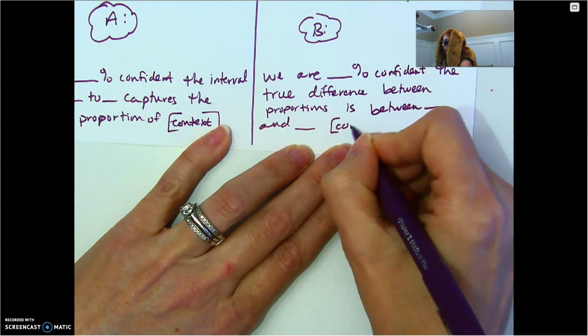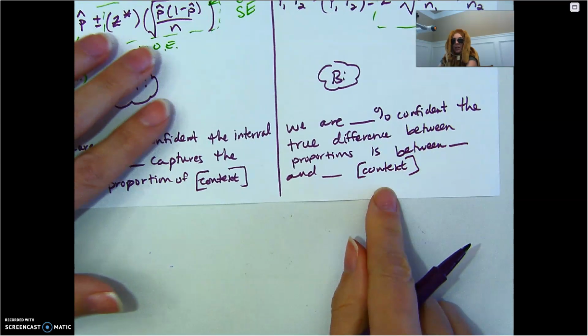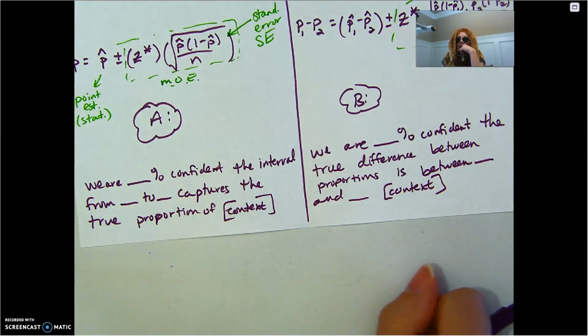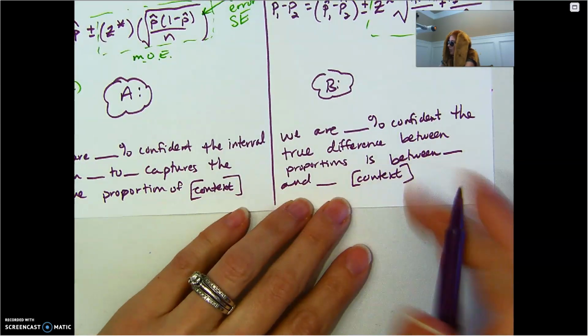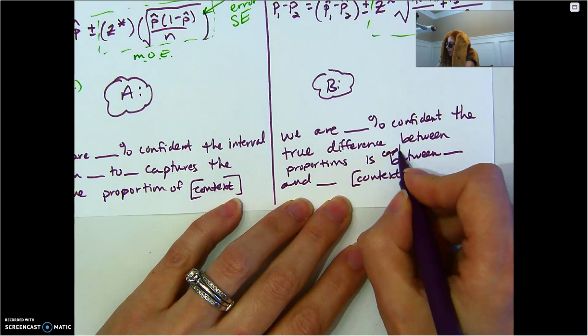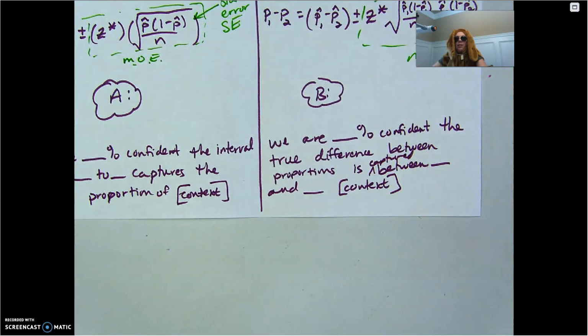And then of course you want to sprinkle in context, right? What is your problem about? So we're blank % confident. The true difference between proportions is between blank and blank in context. Instead of between, let's try and keep the words the same so your brain has an easier time with it. Is captured between the interval. You can play around with it.